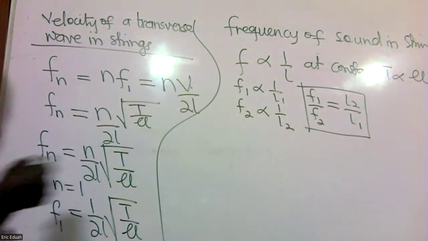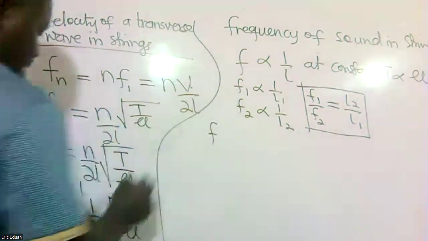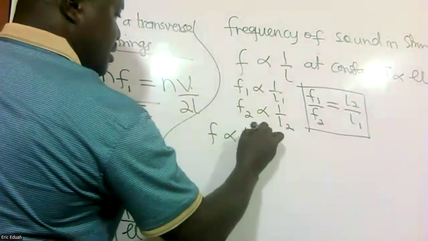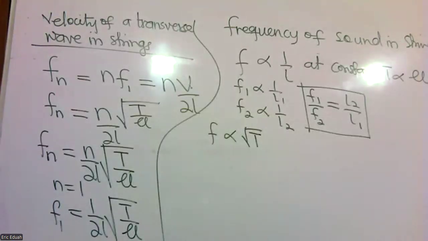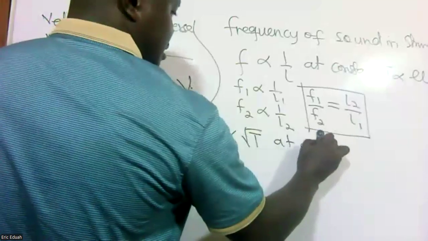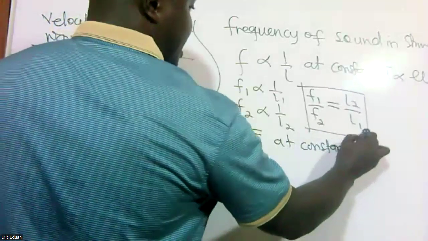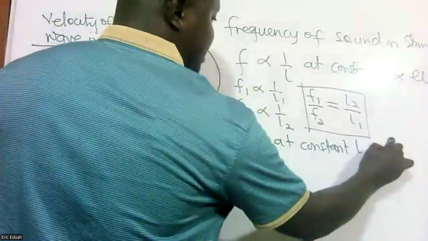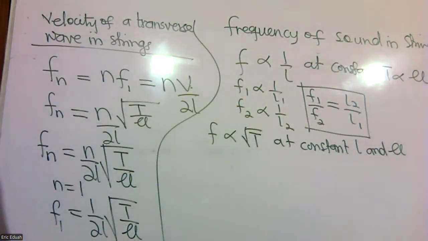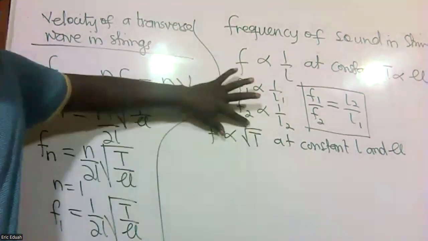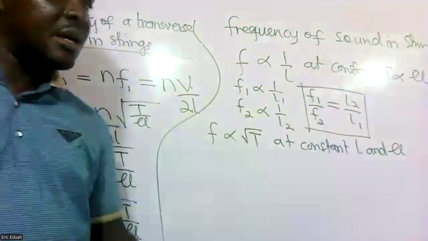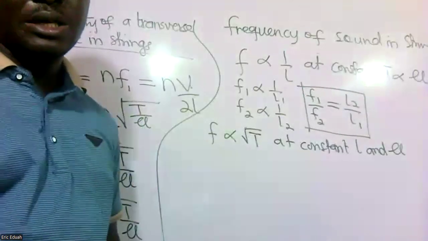From what we have, we can also say that F is directly proportional to the square root of the tension. But this will also work at constant L and mu. So for F to be proportional to the square root of the tension, the length of the string and the linear density must be constant.